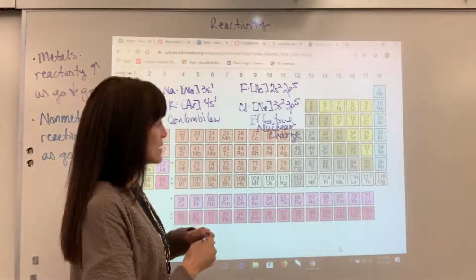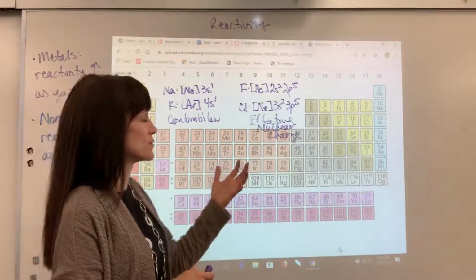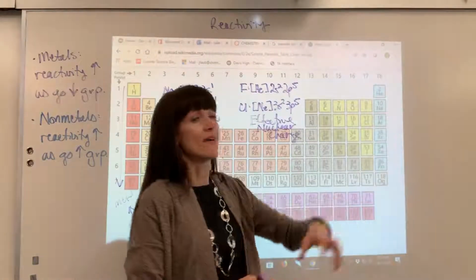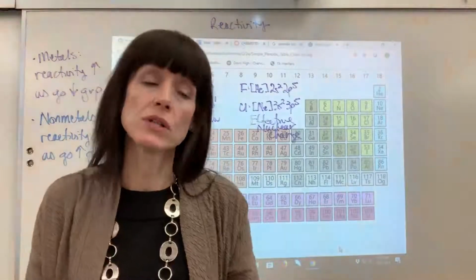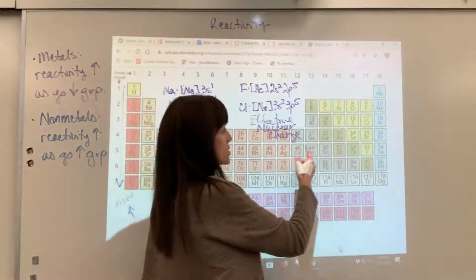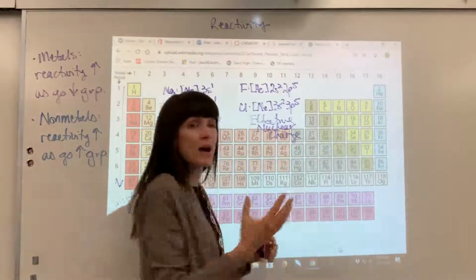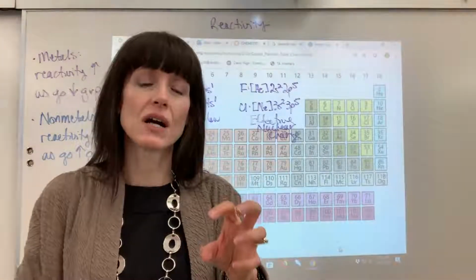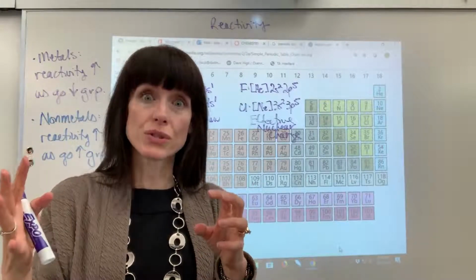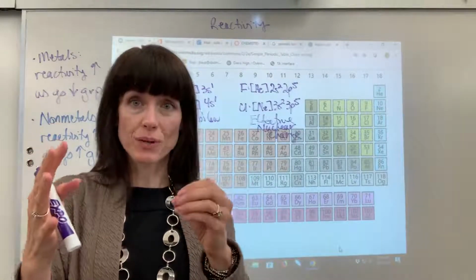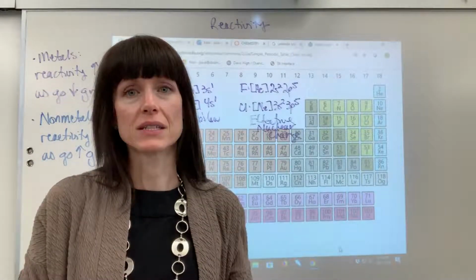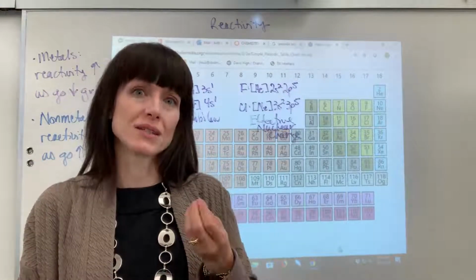For this, you're going to have a greater effective nuclear charge because you have a smaller atom, which is also related to Coulomb's law. Remember, effective nuclear charge increases with the power of the protons, and it's the protons acting on that valence shell. So if the valence shell is closer to the protons, that negative is closer to the protons, then it's going to have greater reactivity, greater ability to attract an electron.